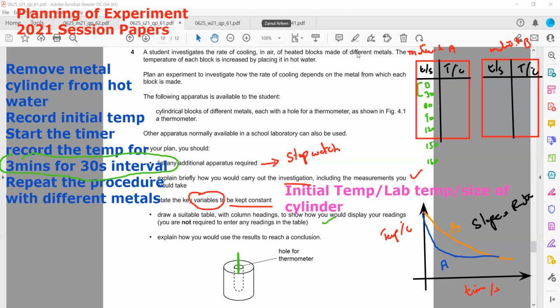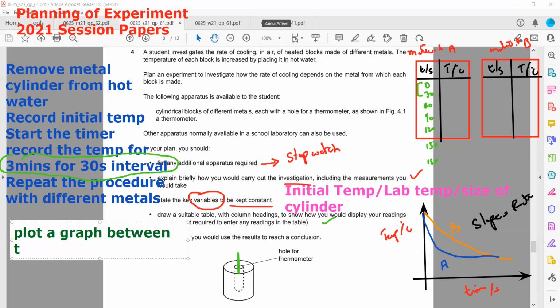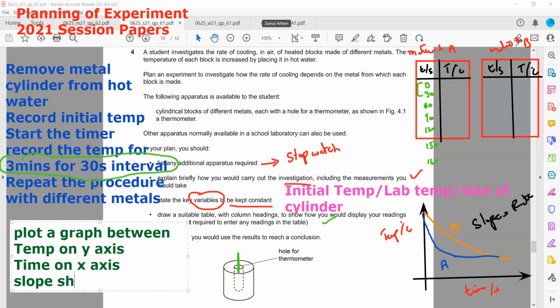So we will plot a graph between, and you have to mention which axis you will take, temperature and time. So plot a graph between temperature on y-axis and time on x-axis, and the slope or the gradient shows the rate of cooling.